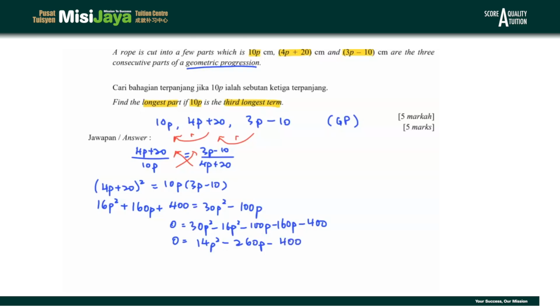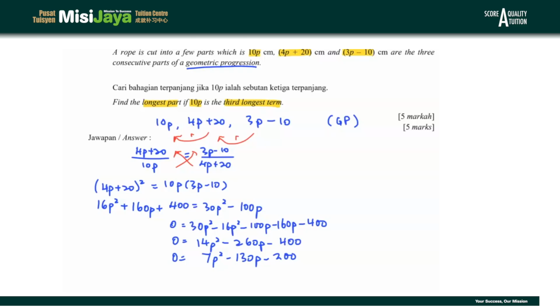Can we simplify this? Let's divide all by 2. So we have 7p squared minus 130p minus 200. We can use the calculator and find the roots of the equation, or we factorize it.